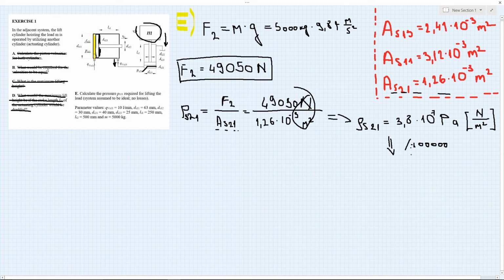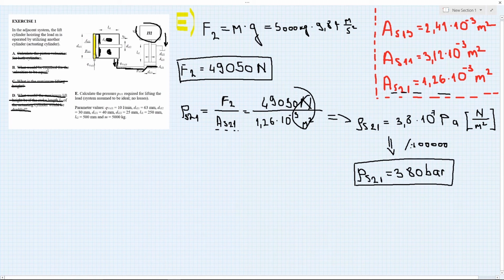If we divide this by 100,000, we get the pressure PS21 equal to 380 bars. So this is the pressure that's going to be right here. That pressure is also going to act here, because these two systems are linked together.